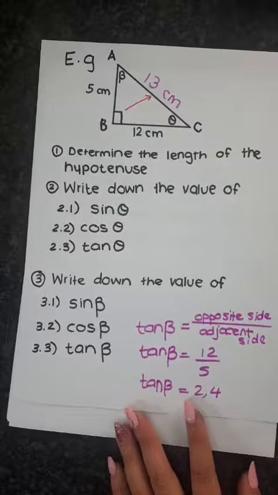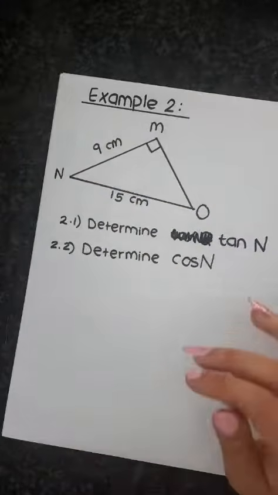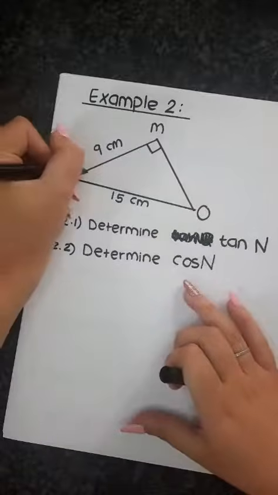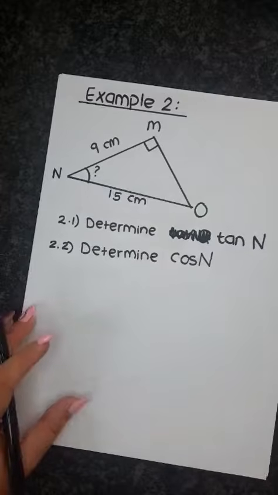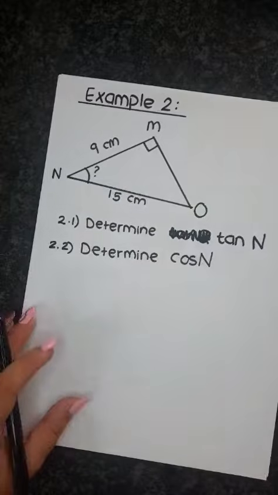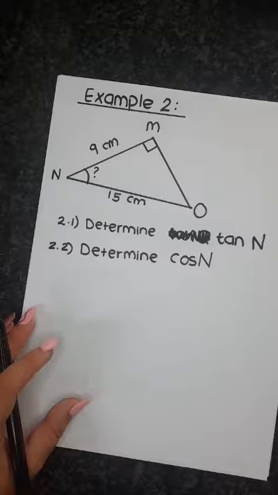Okay. Tan N. So here's N. This is my N. Remember, N is essentially my angle. So how do I do this?